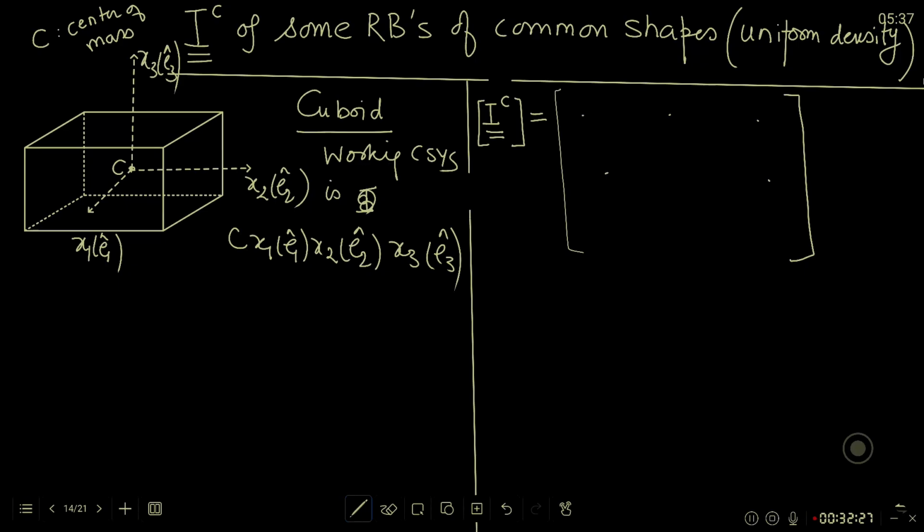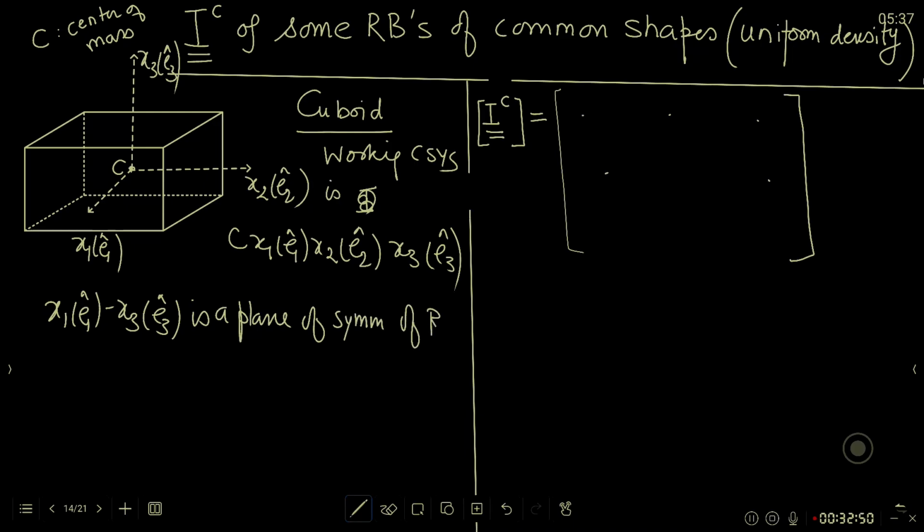In this case, we have x1e1, x3e3 is a plane of symmetry passing through C, okay, which implies that x2e2 is a p-axis.